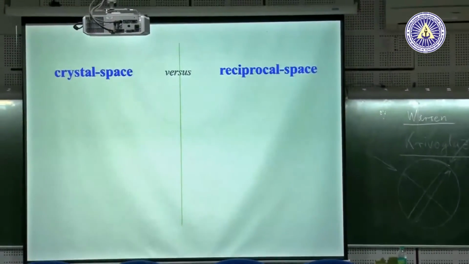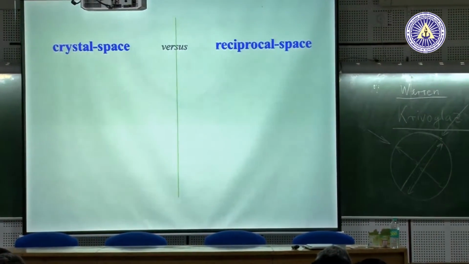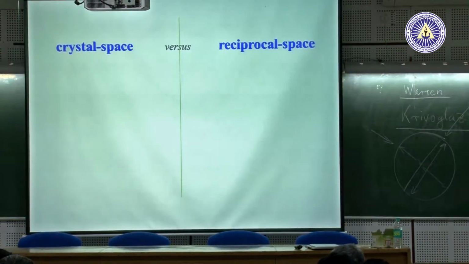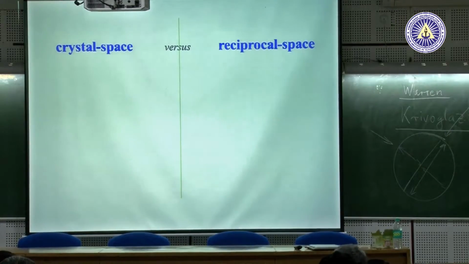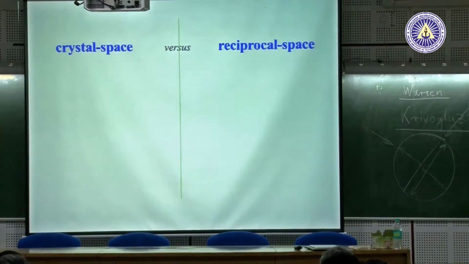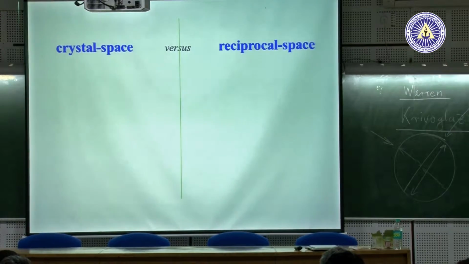Crystal space, we were talking about yesterday, you heard so much about that yesterday. You have crystal space, you have reciprocal space. Diffraction is in reciprocal space. Actually, I always want to say that the reciprocal space is only in our head.